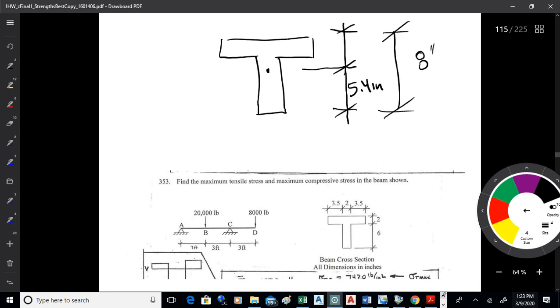So that means it's 2.6 inches to the top. 8 minus the 5.4 gets you to 2.6. So what that means is we've got C to the top, I guess you could call it, is 2.6 inches. And then C to the bottom is 5.4 inches. So you just pick the way you want to go with it.